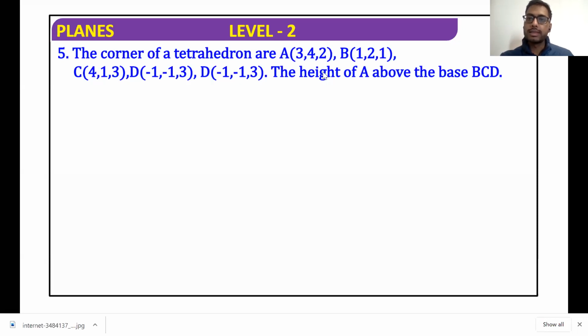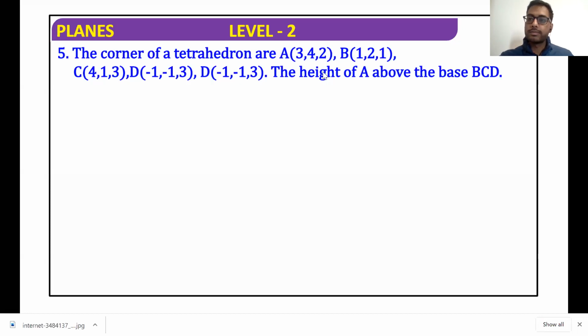And how can you get the distance from a plane? To get the distance from a plane, we have a formula: ax1 plus by1 plus cz1 plus d upon under root of a square plus b square plus c square. So what are the values that we are going to need to get the height or the perpendicular distance?